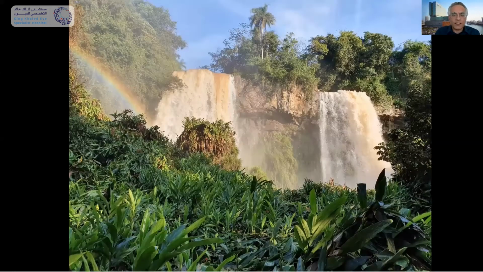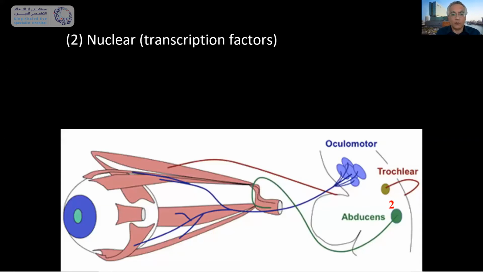So moving on, we talked about internuclear, supranuclear, now nuclear problems. And these are typically mutations in transcription factor genes. There are a few forms of Duane syndrome that are from mutations in transcription factor genes, HOXA1, SALL4, MAFB. These are genes that when mutated cause Duane syndrome.